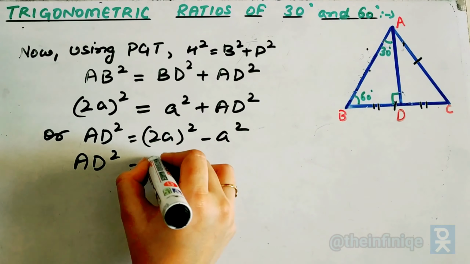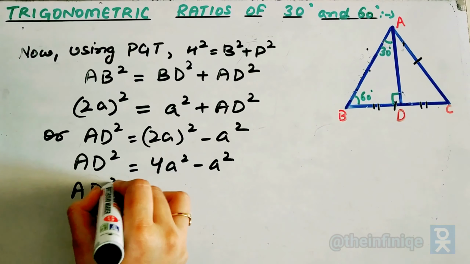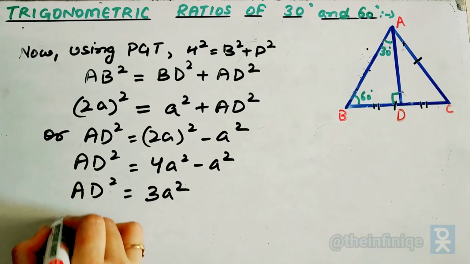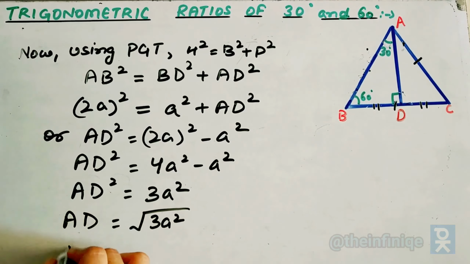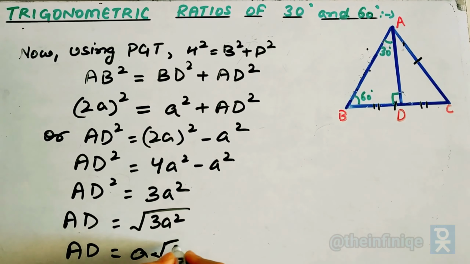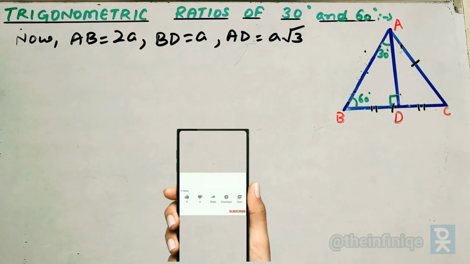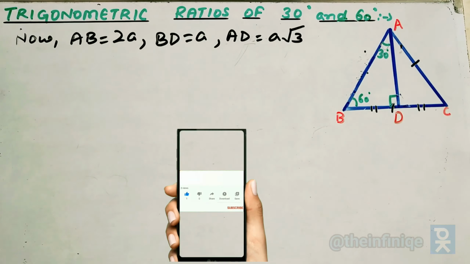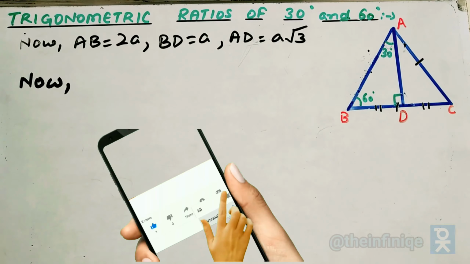AD square is equal to 4a square minus a square. AD square is equal to 3a square. AD is equal to under root 3a square. AD is equal to a under root 3. Now we have AB equal to twice of a, BD equal to a, AD equal to a under root 3. We will calculate the trigonometric ratios of angle 30 degree and 60 degree one by one.